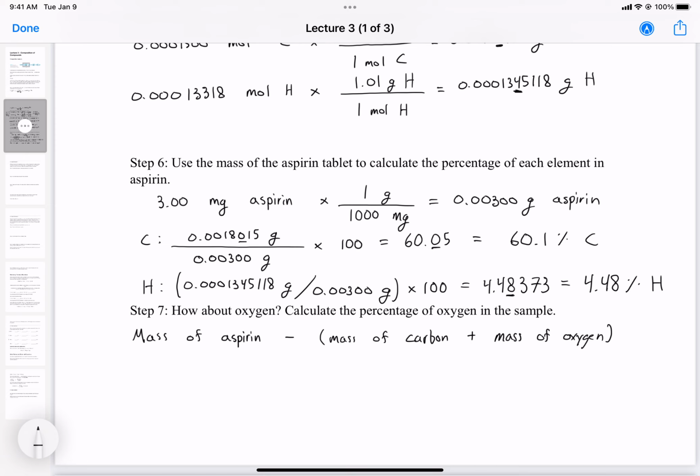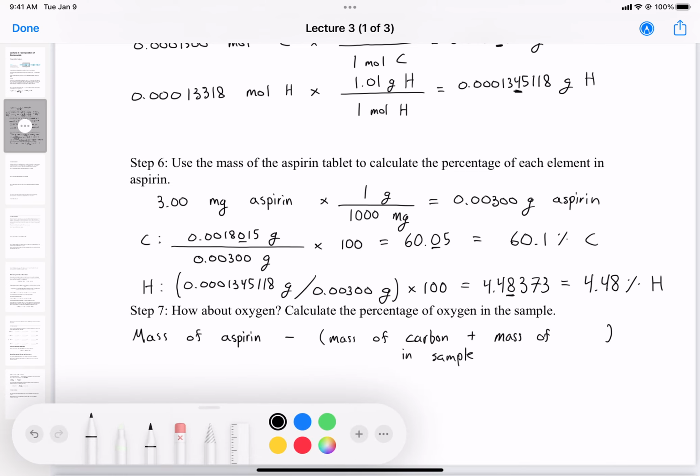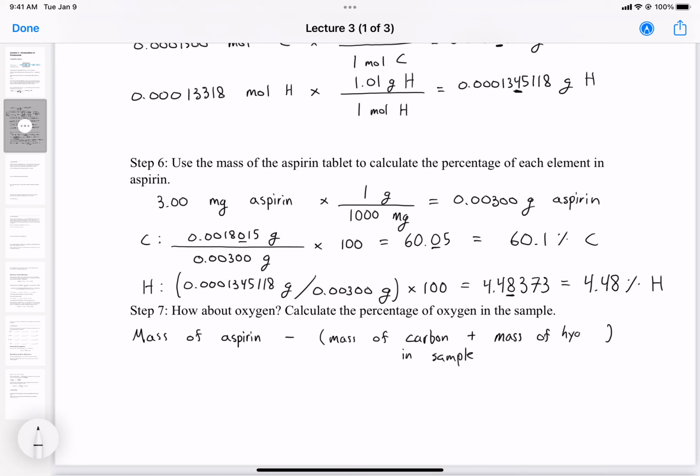All right, so the mass of carbon and hydrogen in the sample, we take that difference from the mass of aspirin, our sample, we're going to figure out the mass of oxygen. Oh, sorry, not mass of oxygen, sorry about that, hydrogen. So this will equal our mass of oxygen.